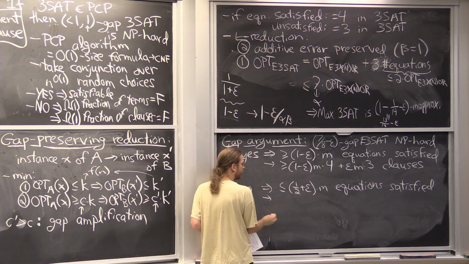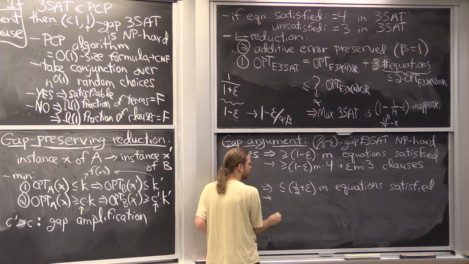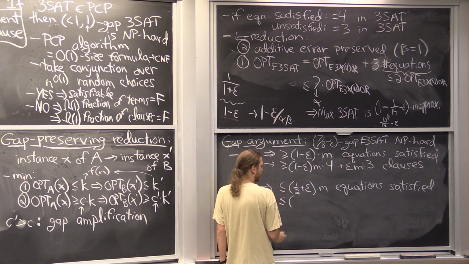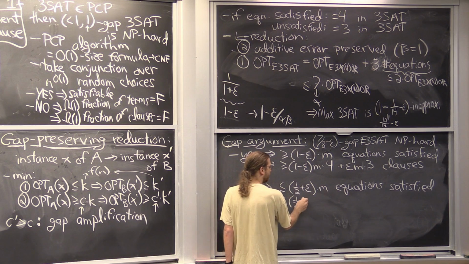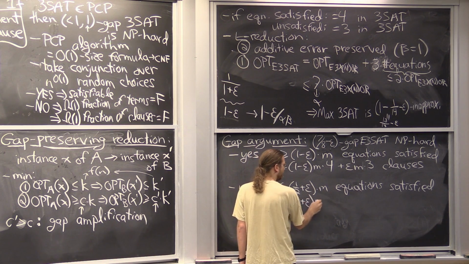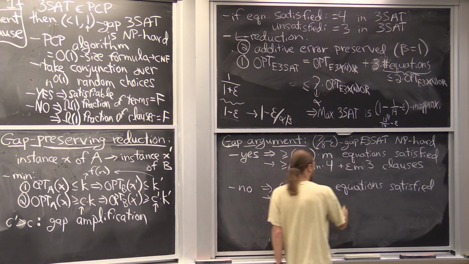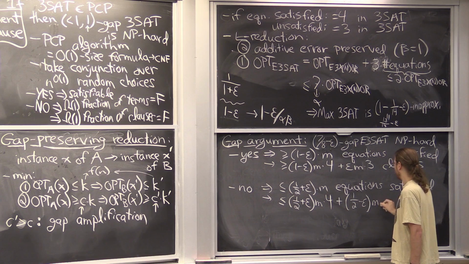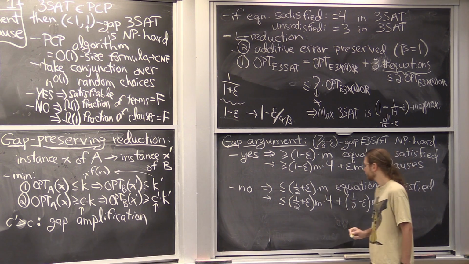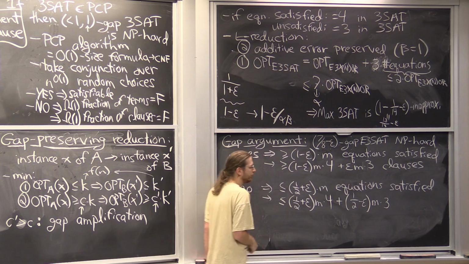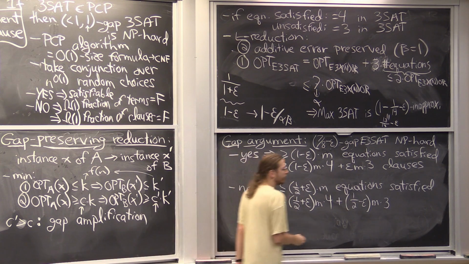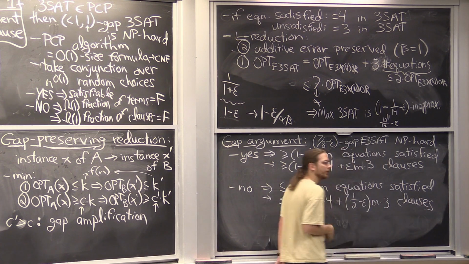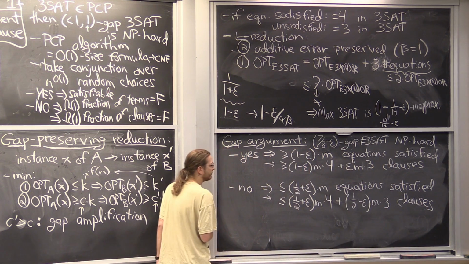On the other hand, in this situation where not too many are satisfied, that means we get a tighter upper bound. So we have 1/2 plus epsilon times m times 4. And then there's the rest, 1/2 minus epsilon times 3. And maybe some of these are not satisfied, but this is an upper bound on how many clauses are satisfied in the 3-SAT instance versus equations in the 3 XOR-SAT instance.